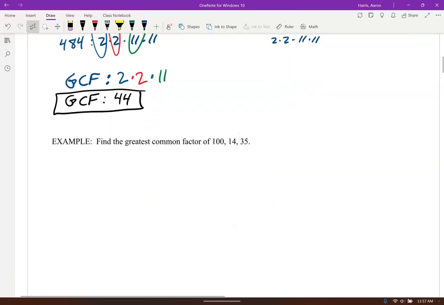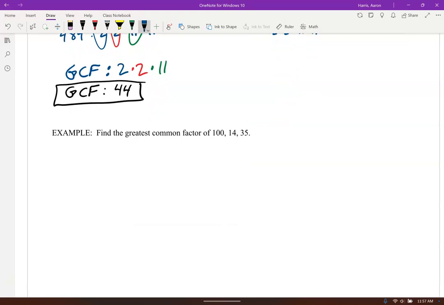And you could do it with three numbers as well. You could factor 100. 100 is 10 times 10, or 2 times 5 times 2 times 5. So 2, 2, 5, and 5, that's 100. 14: 2 and 7 are its prime factors. 35: 5 and 7.